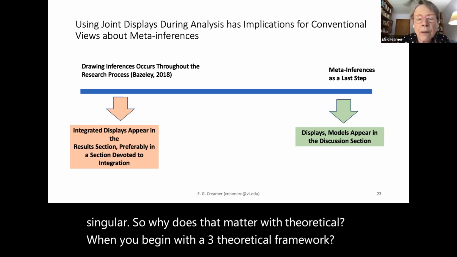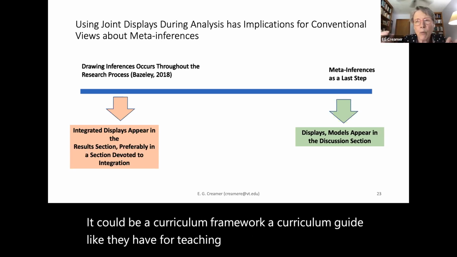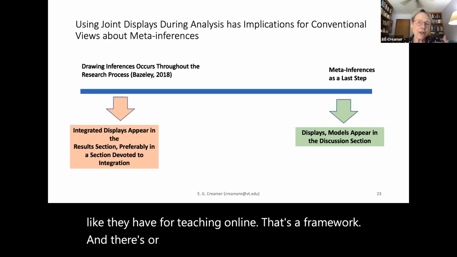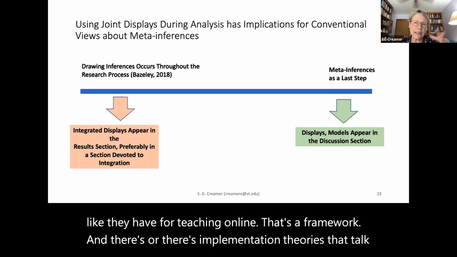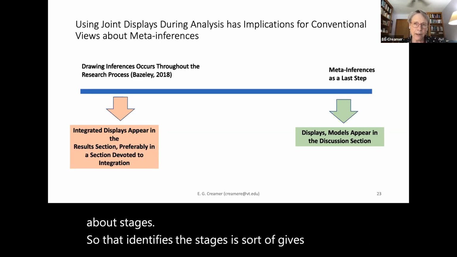It could be a curriculum framework, like a curriculum guide, like they have for teaching online. That's a framework. And there are implementation theories that talk about stages. It identifies the stages, so it gives you a starting place.